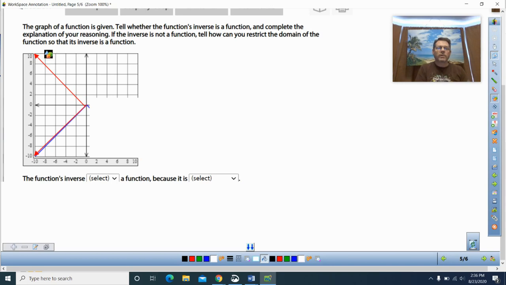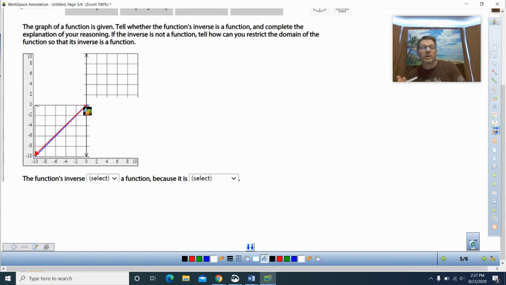Well, that means the inverse would not have had this part, and it would have been just fine, right? And that's what they're talking about. Is there something I can do to the original so that when I do the inverse, it still fits the definition of a function and passes the vertical line test? That is what they're talking about.